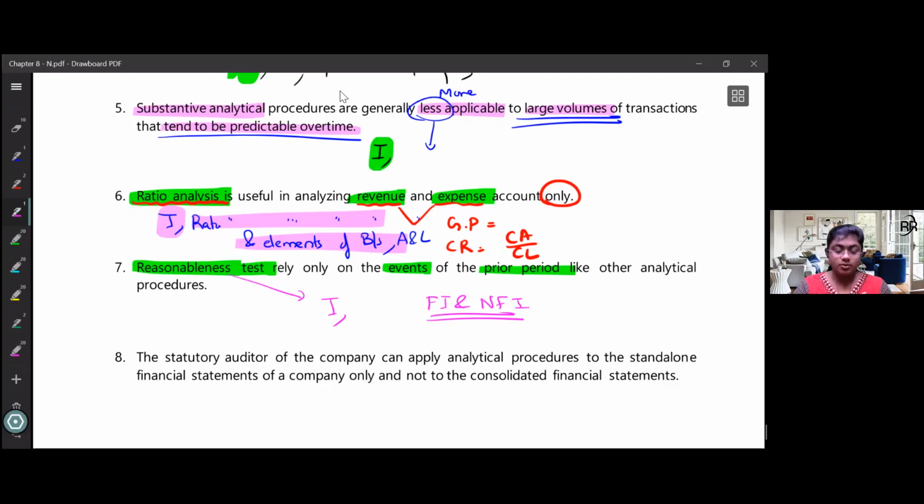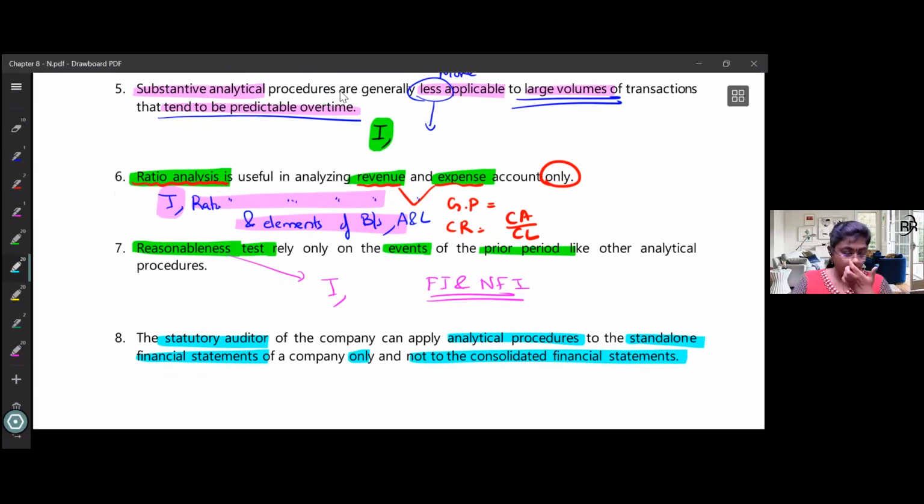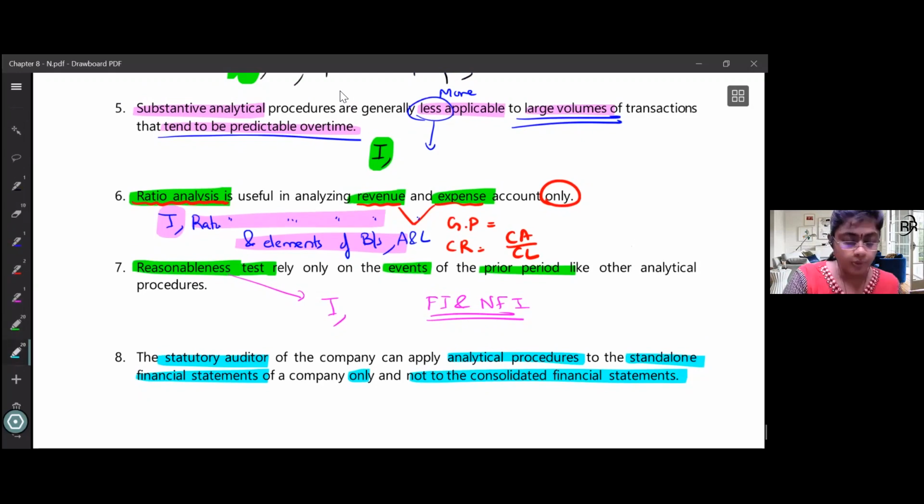Final question, winding up. The statutory auditor of the company can apply analytical procedure to standalone FS only, not to consolidated financial statements. I hope you know standalone and consolidated. Assume A Limited, holding company.